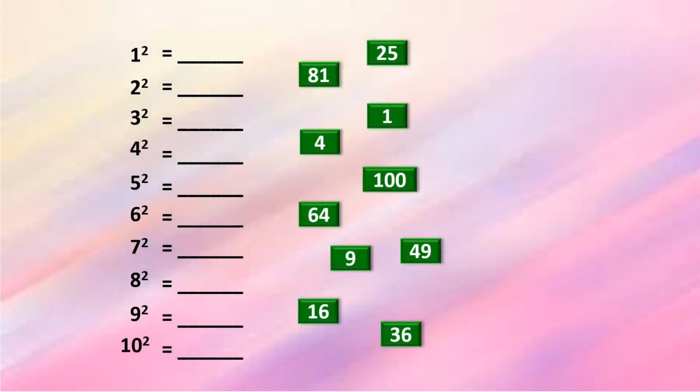Let us take a look at this activity. Determine which of the floating boxes is the square of the given numbers. You can do this by multiplying the number by itself. You have 20 seconds. Timer!